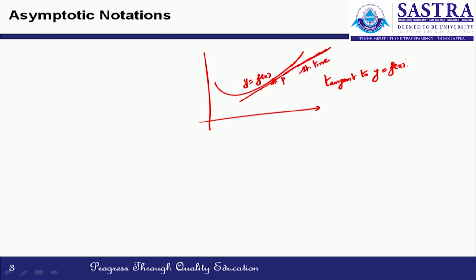We need to find the tangent to the curve y is equal to f of x for large input sizes. Suppose n represents the input size of an algorithm. When n becomes larger, we need to find the straight line that meets the curve y is equal to f of x.